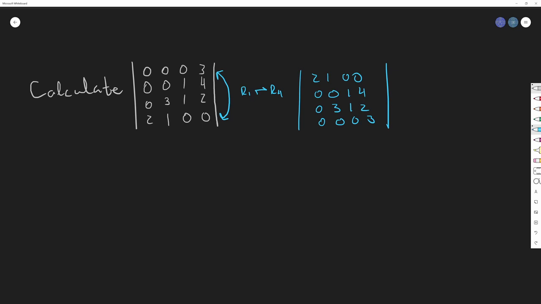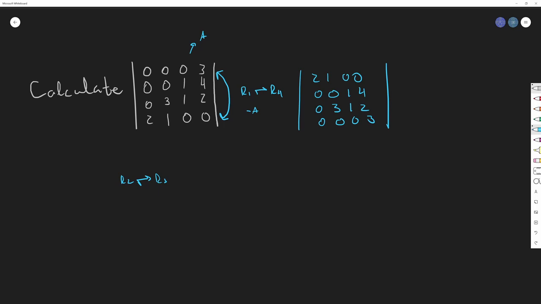And so what ends up happening is that the determinant will now be negative. We're just going to let this equal to a. And then we're going to flip the second and third rows.